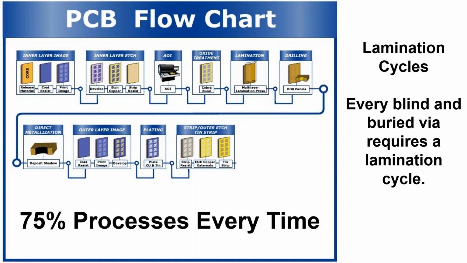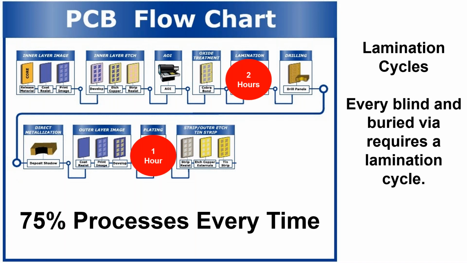If you've got a 2-panel job, it's a whole lot easier to go through these processes than a 50-panel job, right? Because you're basically taking 50 panels and you're running those panels through 3 times, almost the entire process, which takes an awful lot of time in your shop.